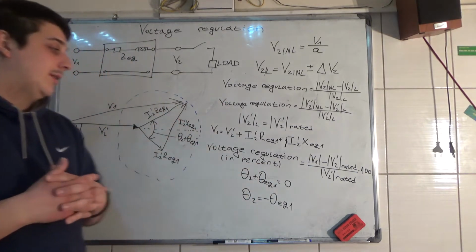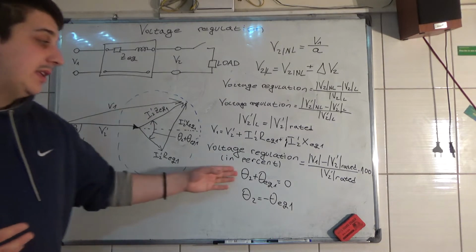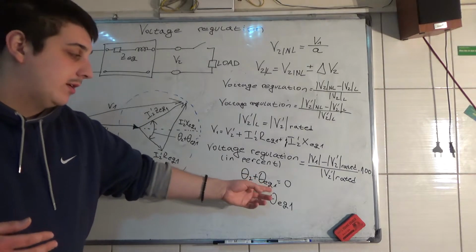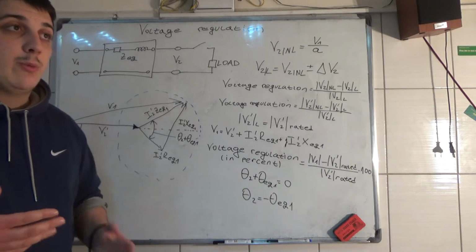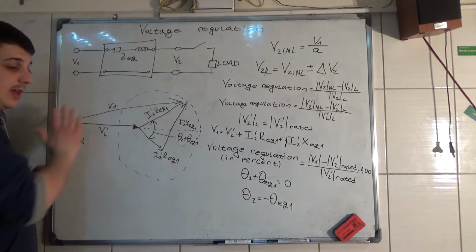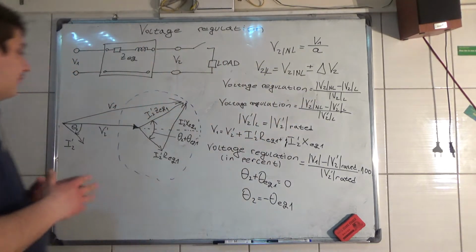There's nothing more to say. And what are these angles? Theta 2 plus theta equivalent 1 equals 0. What is this? Now, here you have a phasor diagram.